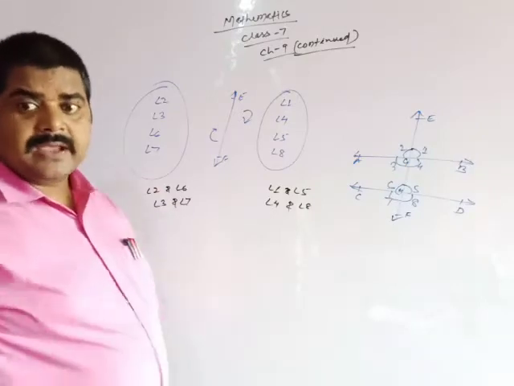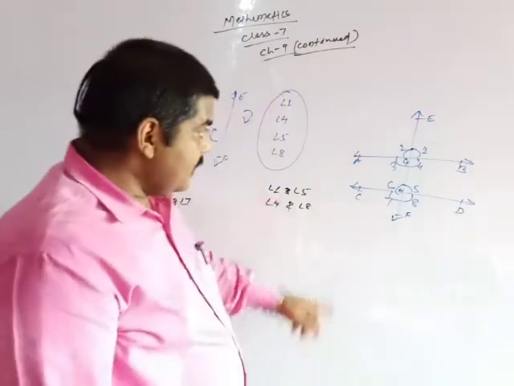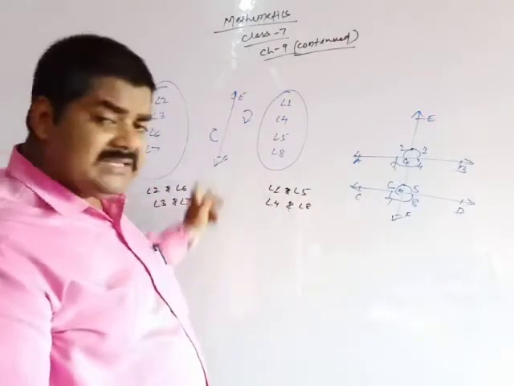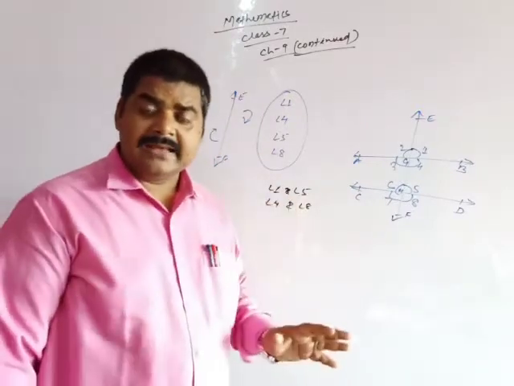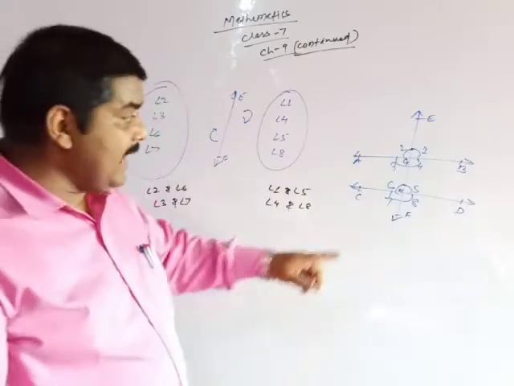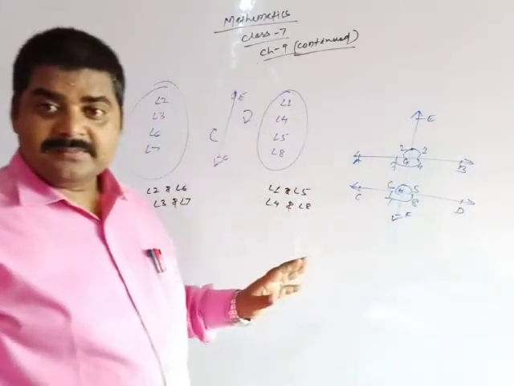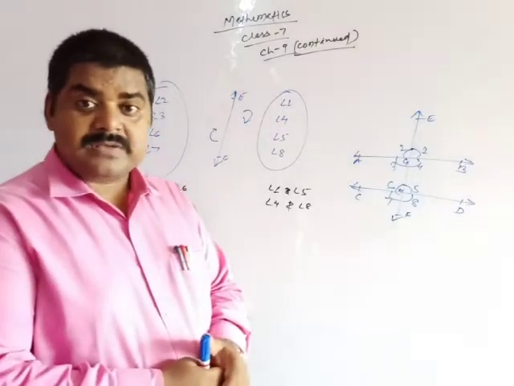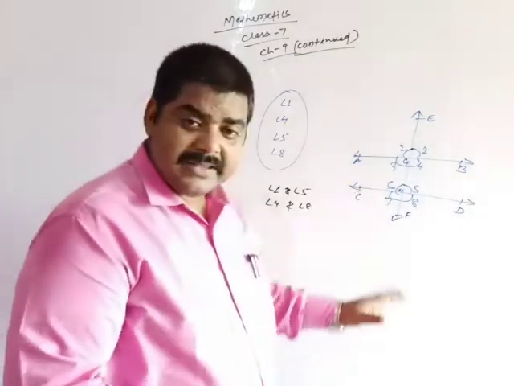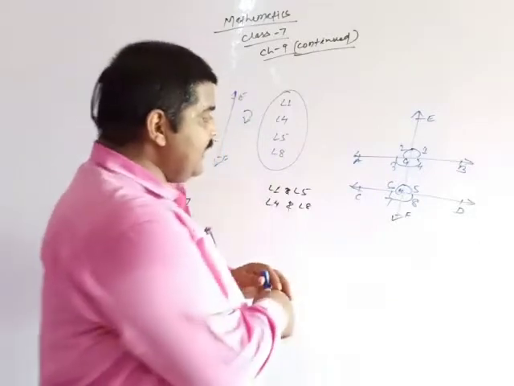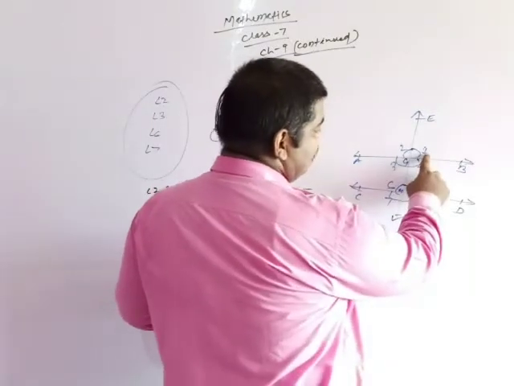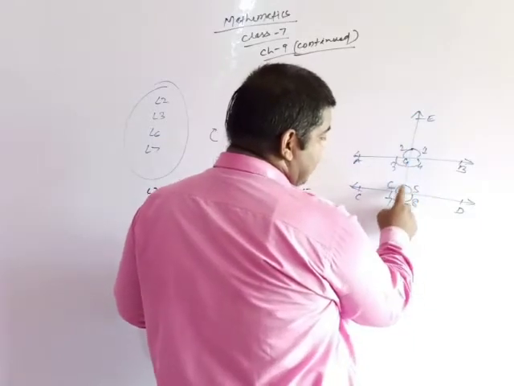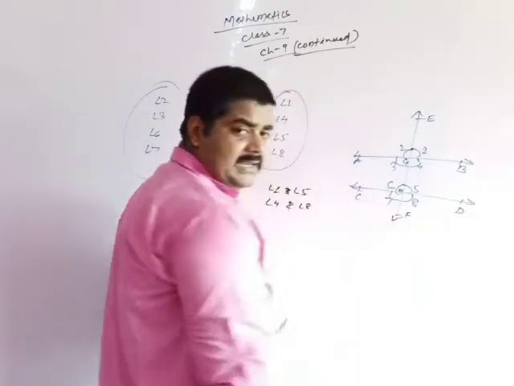One thing I also made clear is that you have to learn these 4 corresponding pairs when the naming is done this way, because if you change the naming, the pairs may change. Suppose a student has written 1, 2, 3, 4 and 5, 6 here.